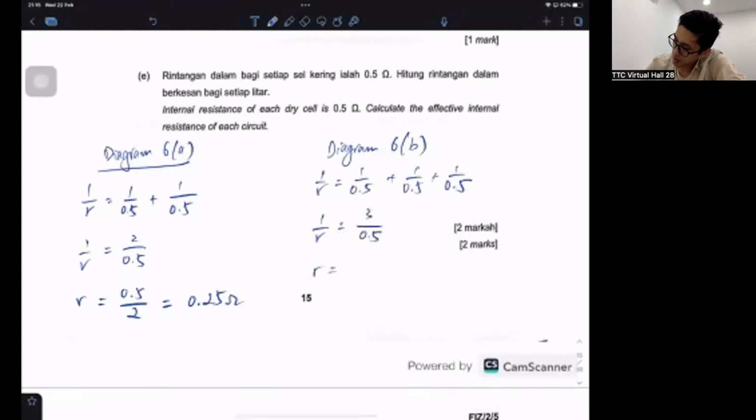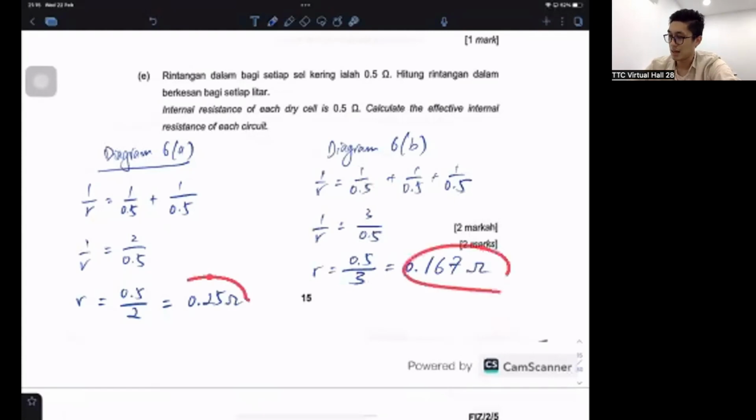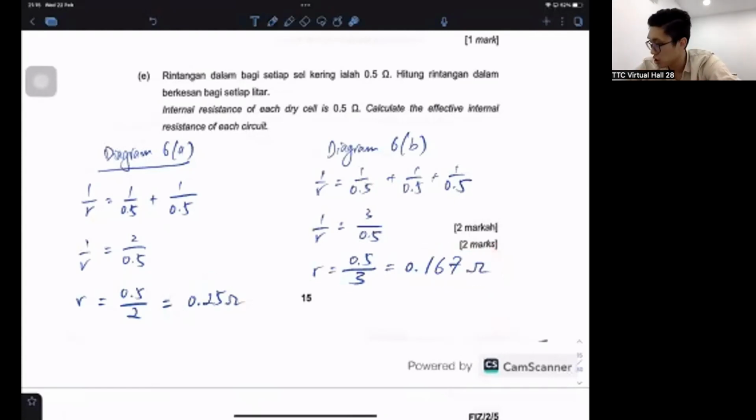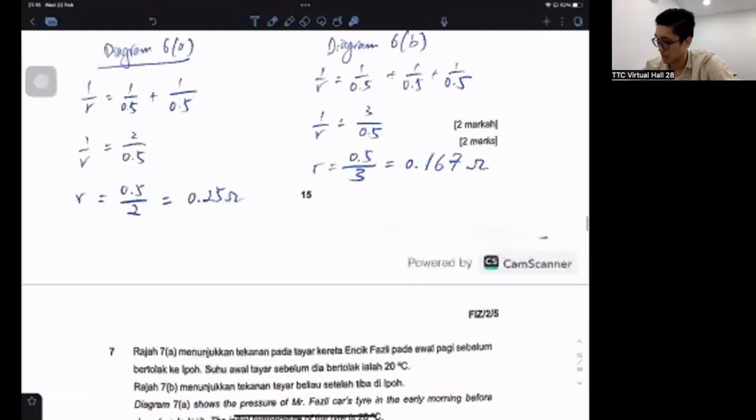So r is equals to, again, just flip the number around, 0.5 divided by 3, which is 0.1666667, so 0.167, and it is lesser than the two cells one, which is correct. Yeah, it should be lesser. So this is how to calculate the effective internal resistance.